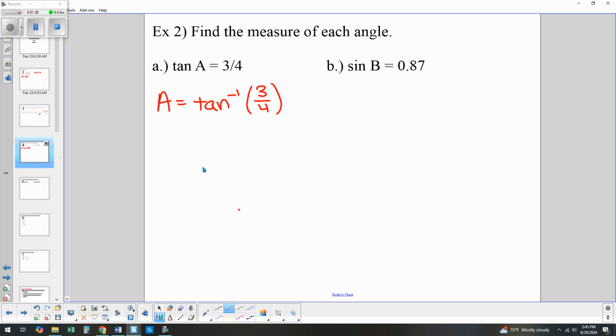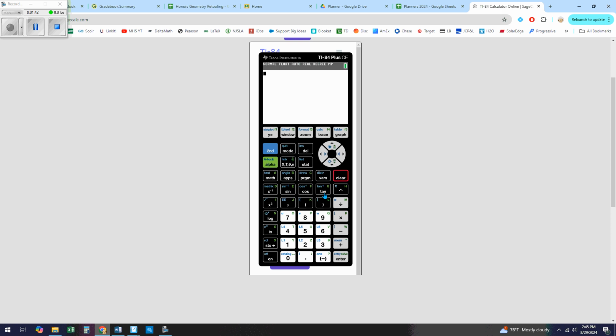And our calculator has the buttons for this as well. If you notice on the tangent button, it's probably very tiny on my screen, but if you have a calculator in front of you, usually on the tangent button, on the same button itself or above that button will be the inverse. So this is in blue, so I'm going to hit second and then the tangent button, and now I have that tan -1.